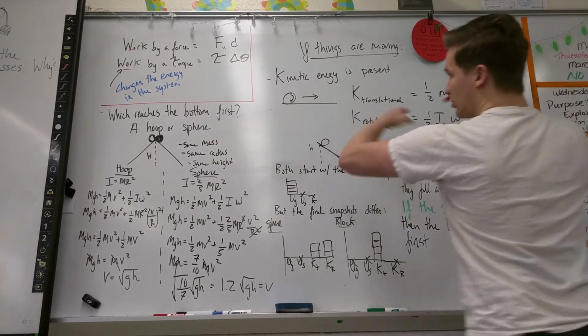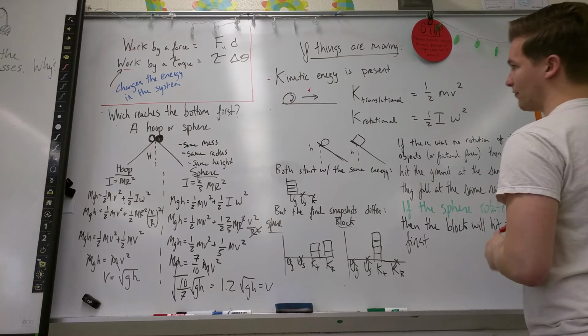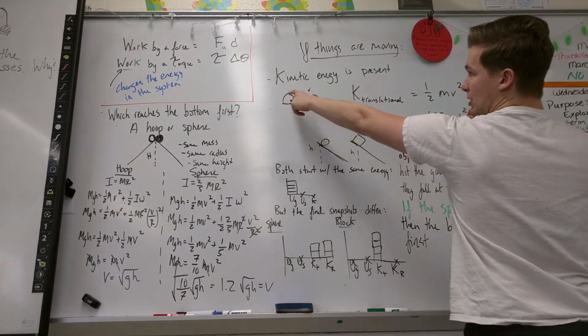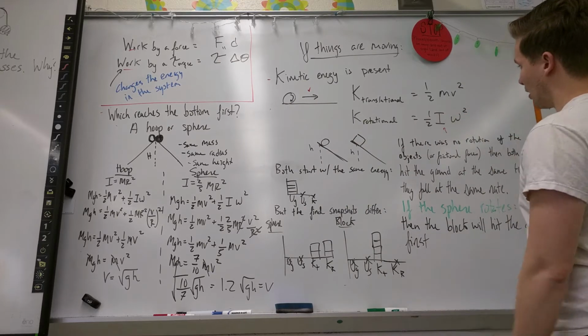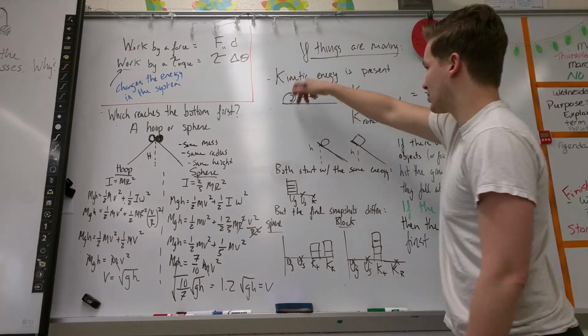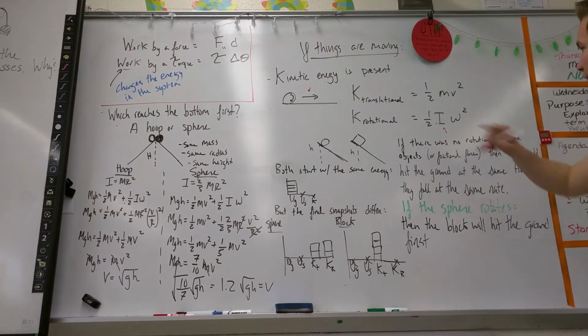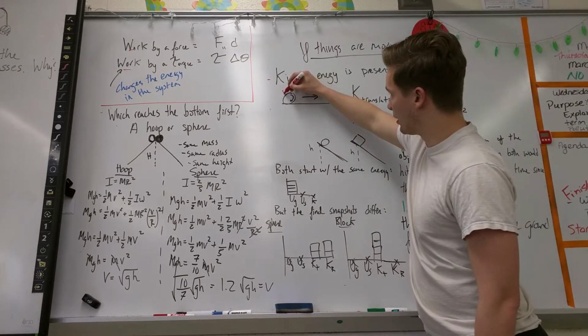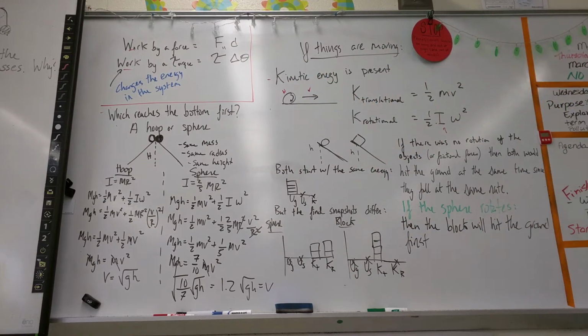The translational kinetic energy, 1/2 mv squared, and the rotational kinetic energy, where this marble has some value I that's not changing no matter where this thing is in space or how fast it's rotating. It's just some coefficient times omega squared, so how fast the thing is rotating about.